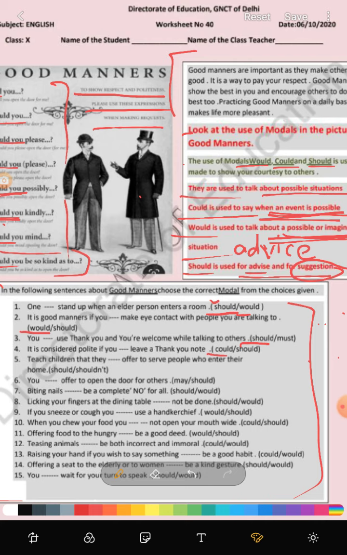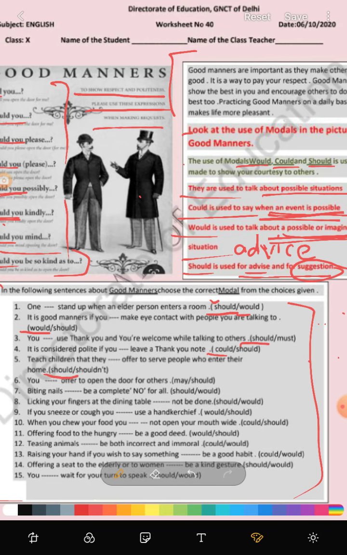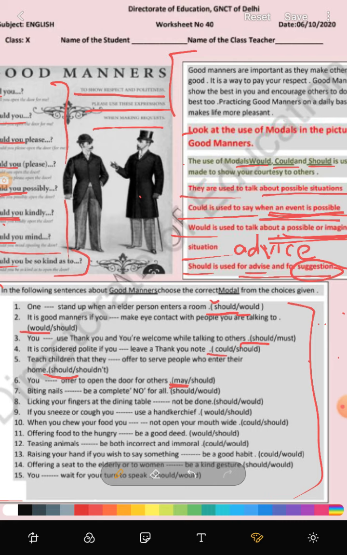Leave a thank you note. Teach children that they should offer to serve people who enter their home. You may offer to open the doors for others. That is a possible situation, being suggestive.